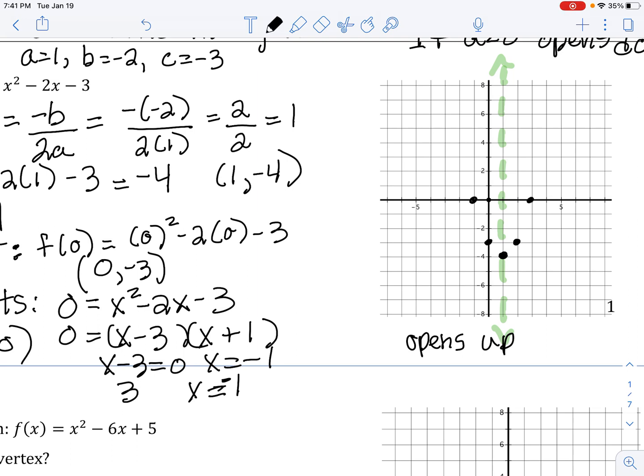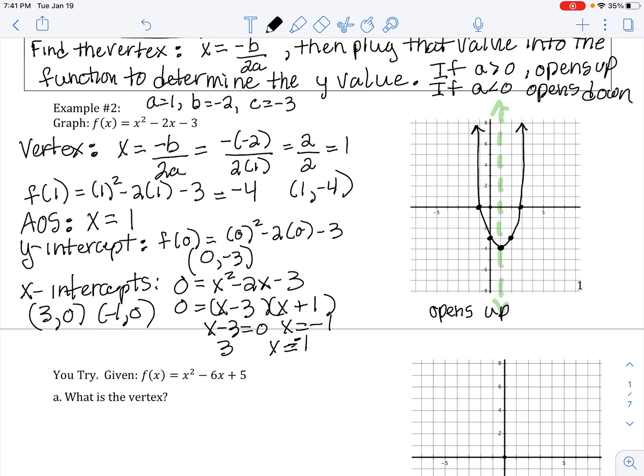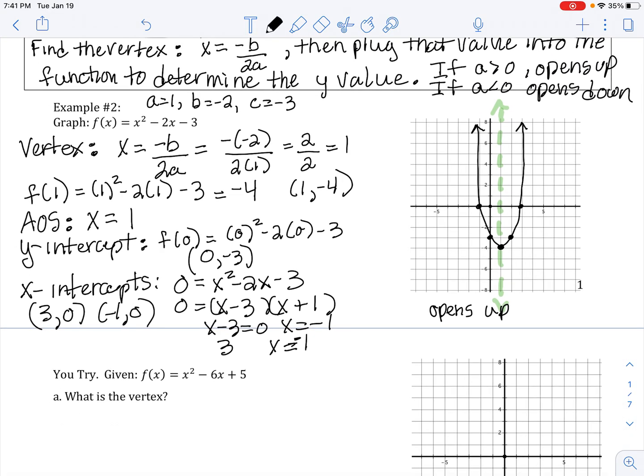Yes, they are both 2 units away. And so now I have 5 points, which allows me to graph my parabola. Okay, and then the last key feature, what is the max or min value? It is a min value equal to -4. And those are the key features.